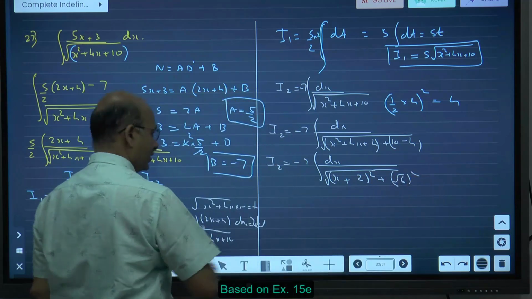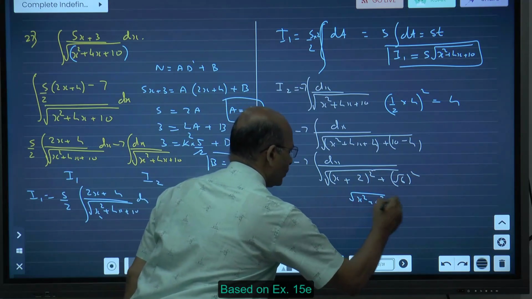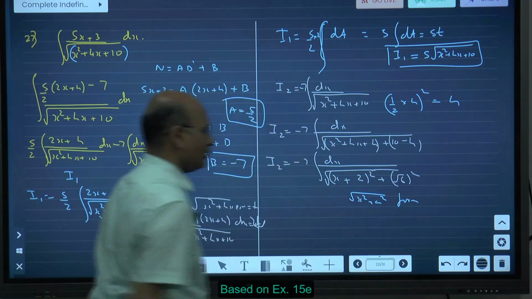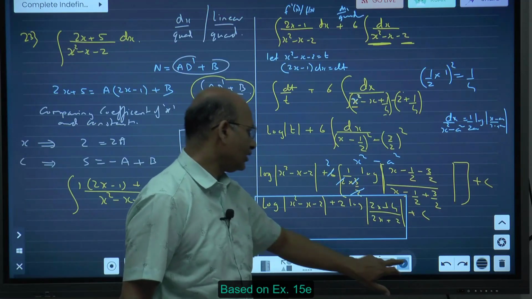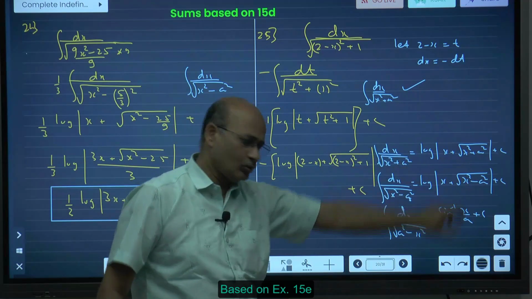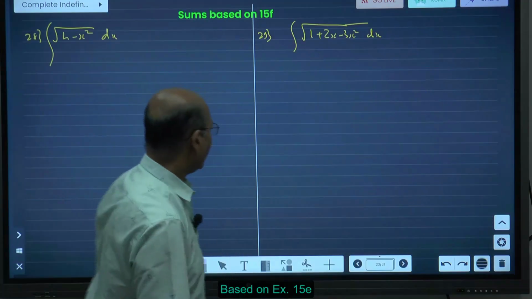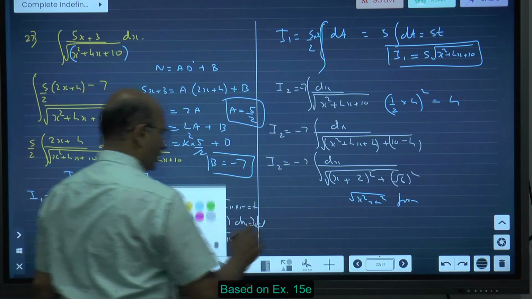So don't you think this has been changed to root of x square plus a square form, right? What is the formula for that? I just now gave you: dx upon root of x square plus a square is log of x plus root of x square plus a square. Okay, working is bigger but definitely not a difficult one.